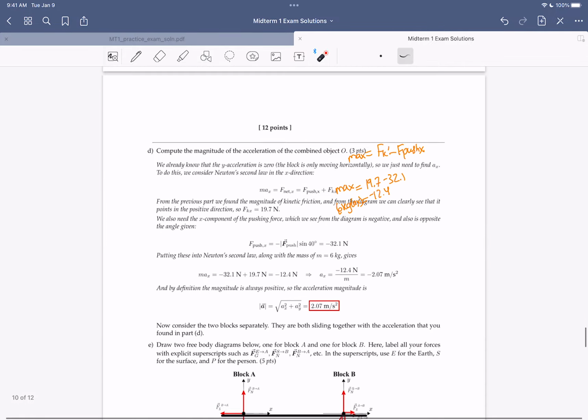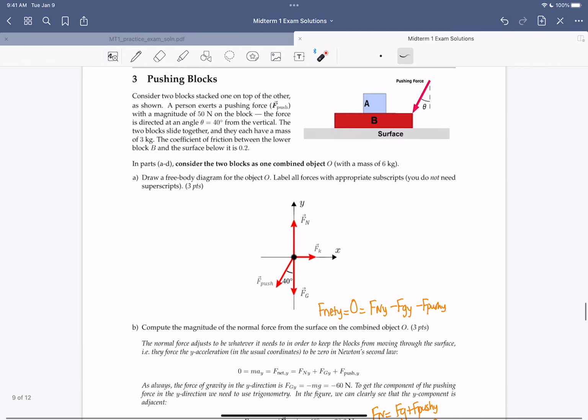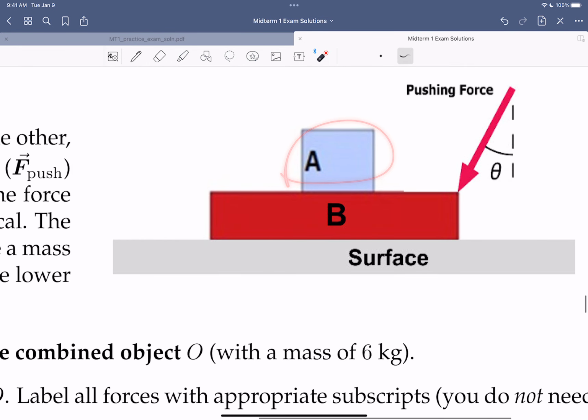Now, we go back here. There should also be a static friction force. Why? Think about it. If this is real life, and I'm pushing the blocks stacked on top of each other like this, what prevents this object from just slipping and sliding and moving all the way around? What makes it so that when I'm pushing them both together, this stays relatively in touch and static?